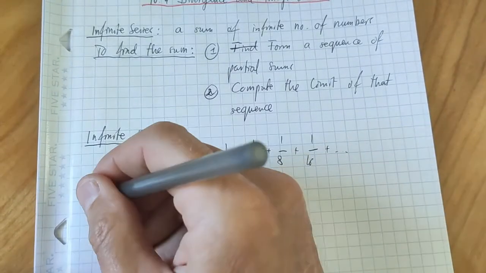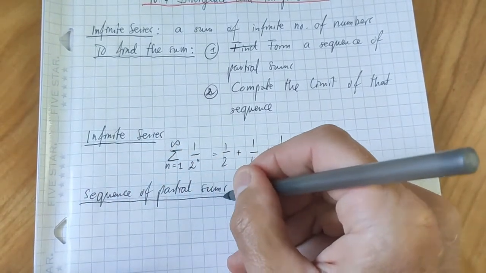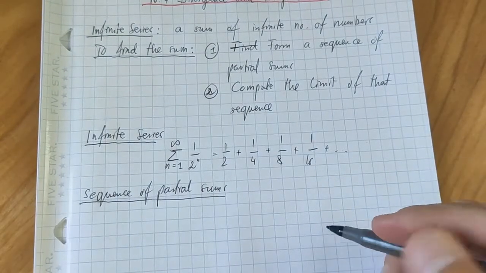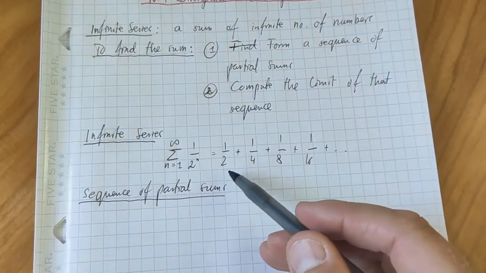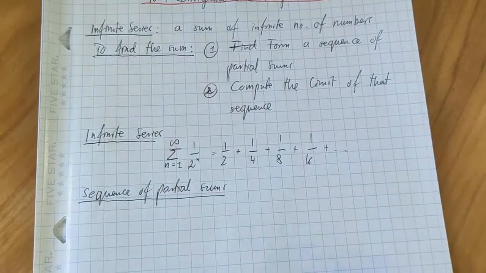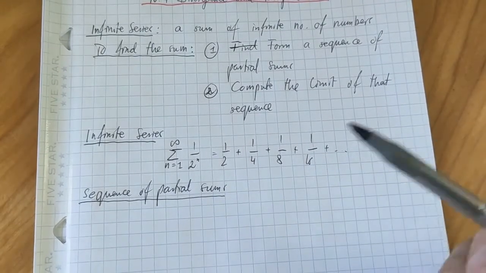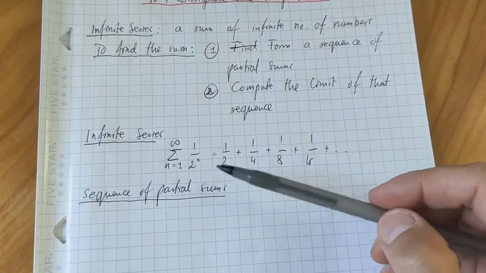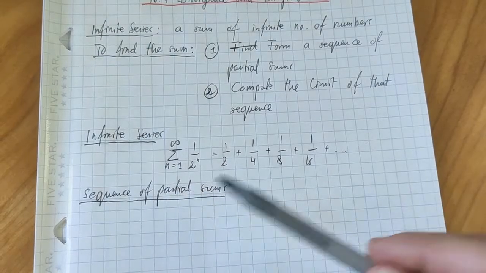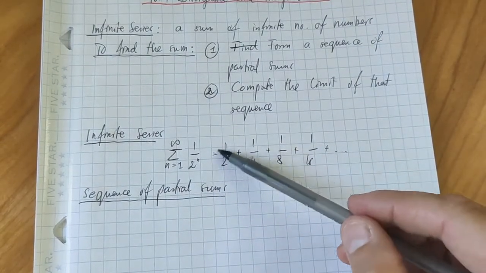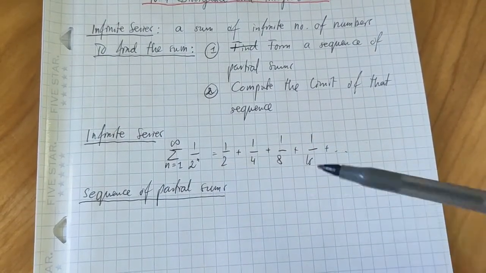It's called partial sums because we add on certain blocks or sections of the series. The first term in that sequence would be half, then these two added, and then these three added.